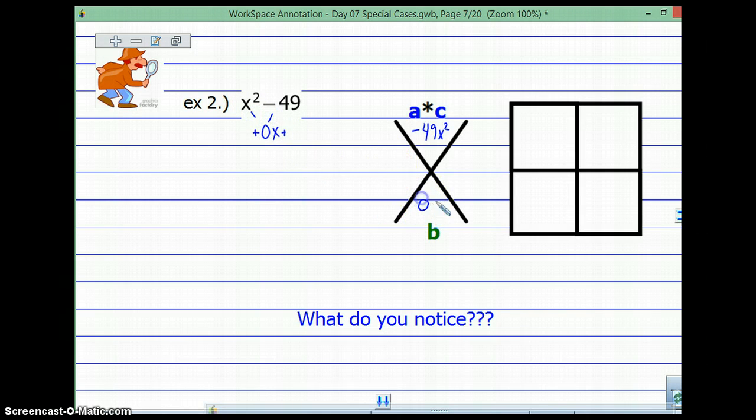So we'll put 0x here. 2 numbers that multiply to negative 49 and add to 0: negative 7x and 7x. Going over to the area model, we've got x squared, negative 49, negative 7x, positive 7x. x minus 7 times x plus 7.